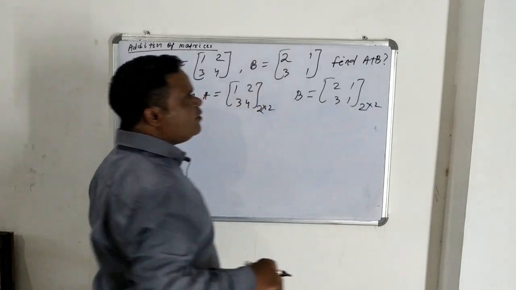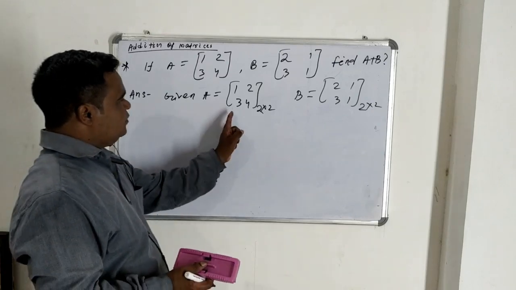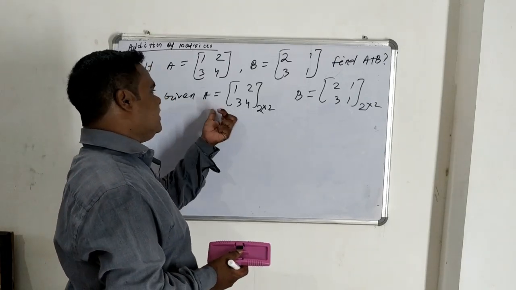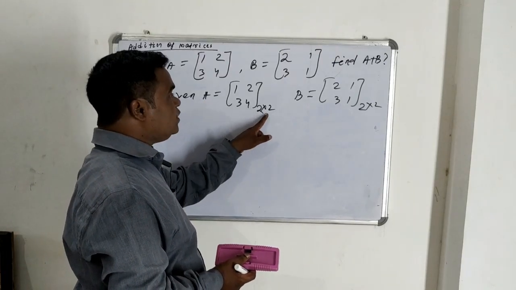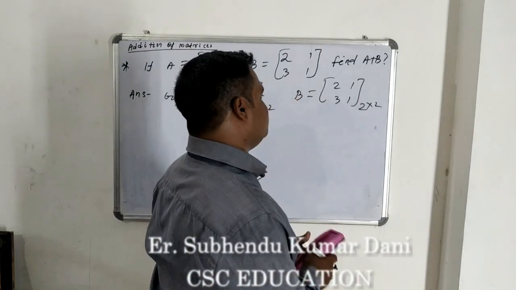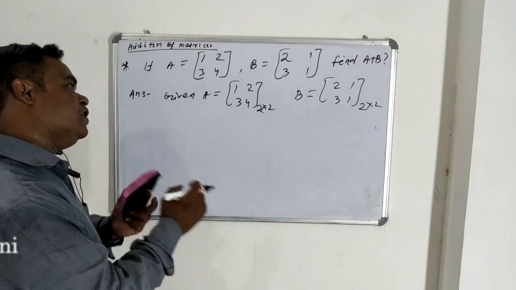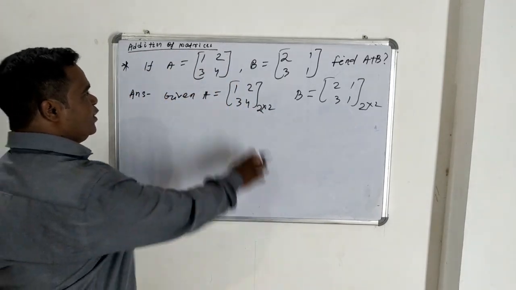In the addition of matrices, we first check whether the order is the same or not. The order is the same, 2 by 2. So is addition possible here? Addition is possible because the order is the same.